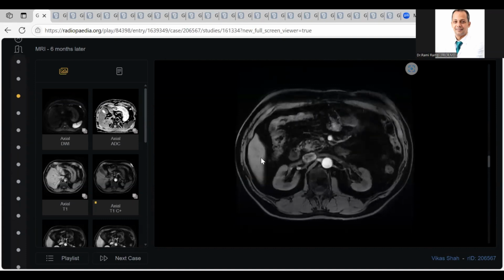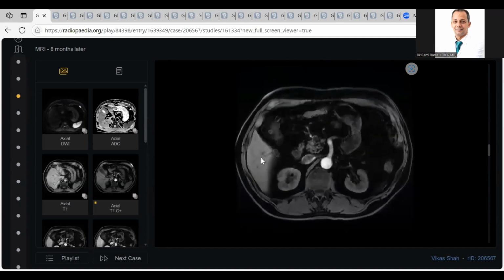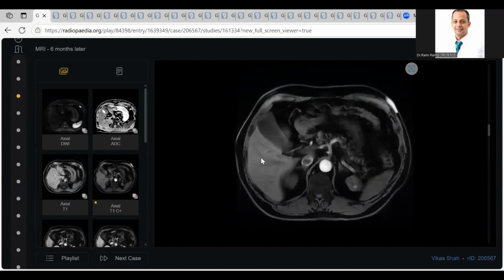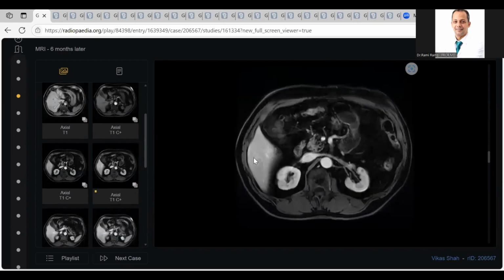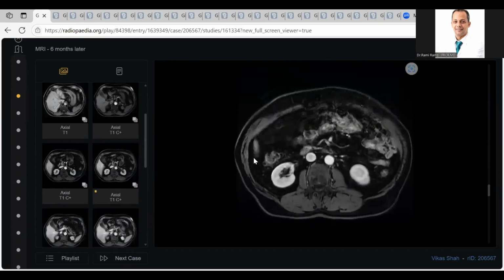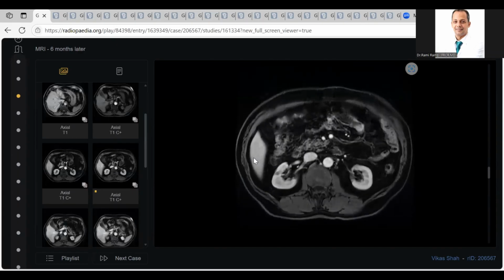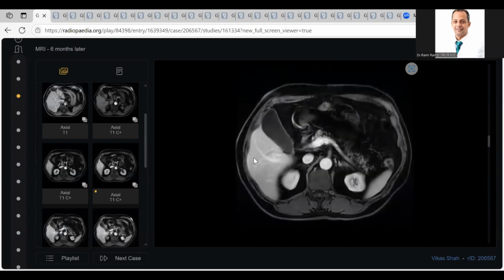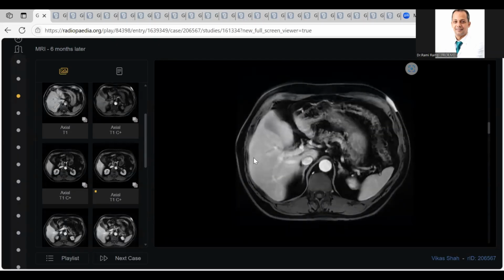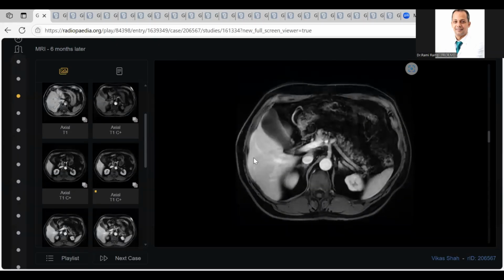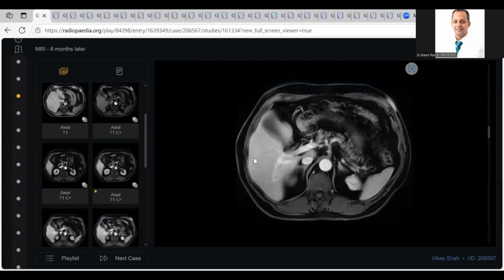Where is this lesion? Sir, could you please scroll up? Sir, I cannot appreciate. Yes, sir, I can see now.